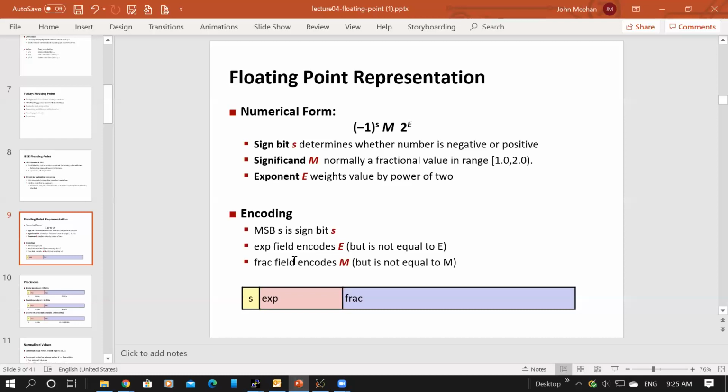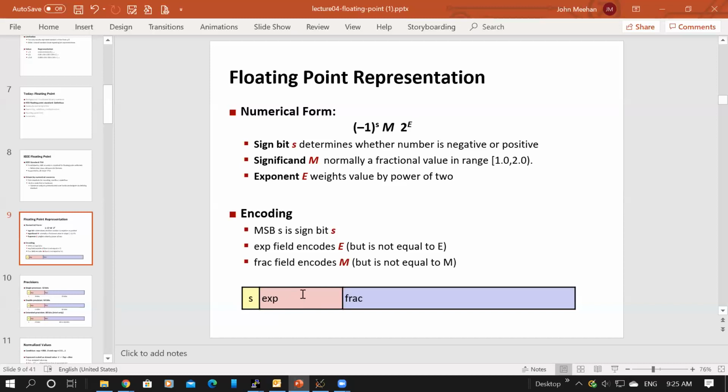So the exponent field is going to represent this E, this exponent, but it's not quite as straightforward as that. We're just not going to take this E thing and stick it in there. We're going to store it in a different sort of way that we'll see for a certain reason. So we're trying to represent this, but the E is not really what's stored there.